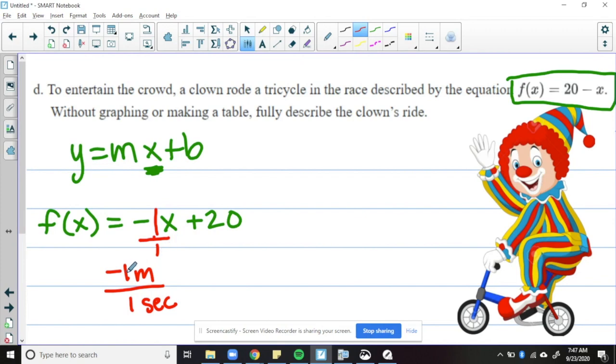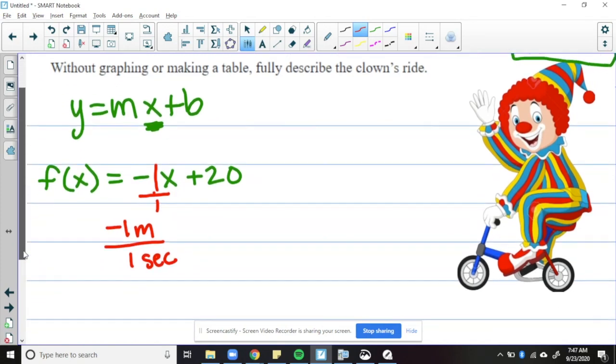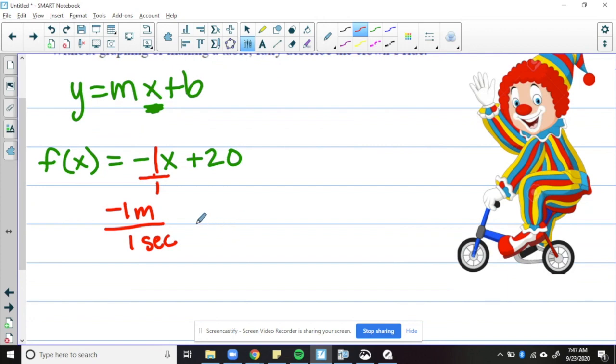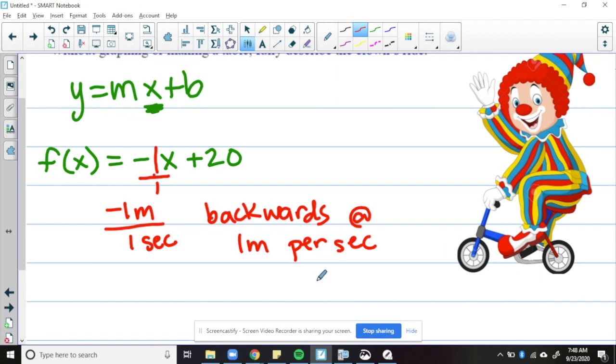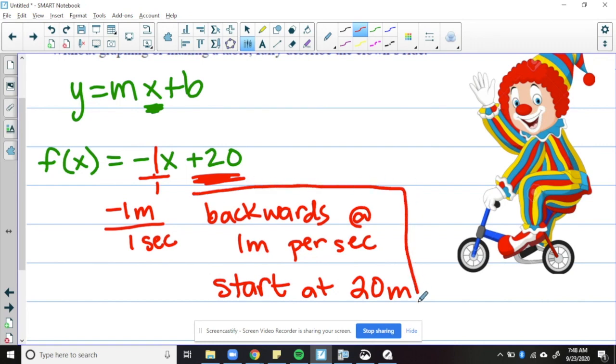Now, if he's going negative meters, we can deduce that he's actually riding backwards at a unit rate of 1 meter per second. Now this plus 20 is our other piece, which we know is our starting point. He starts at 20 meters. So here is a nice full description of how the clown is riding his tricycle.